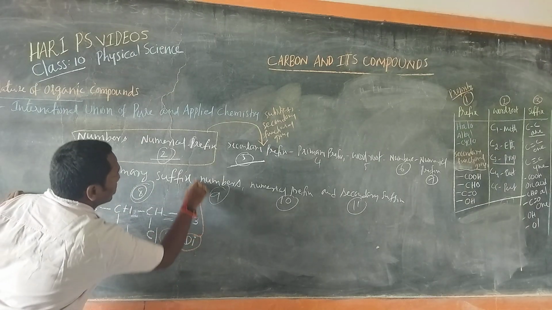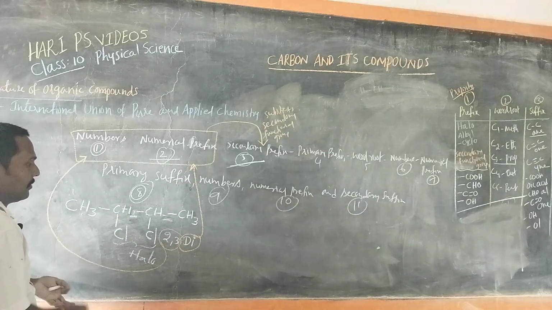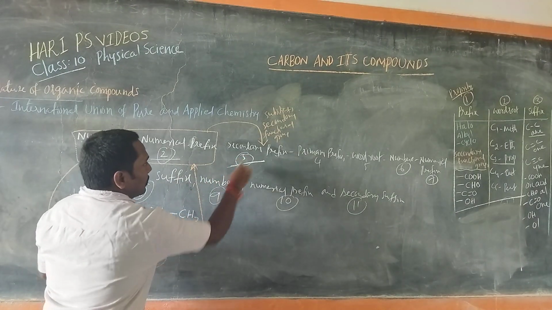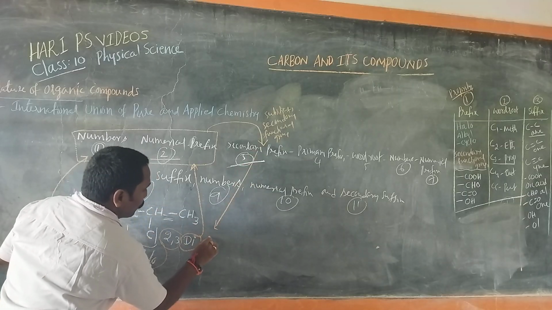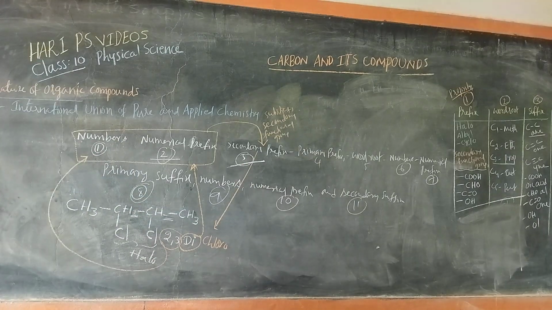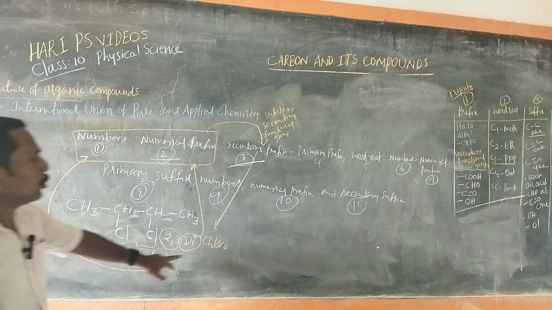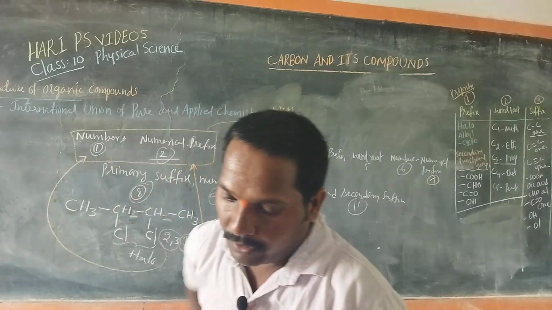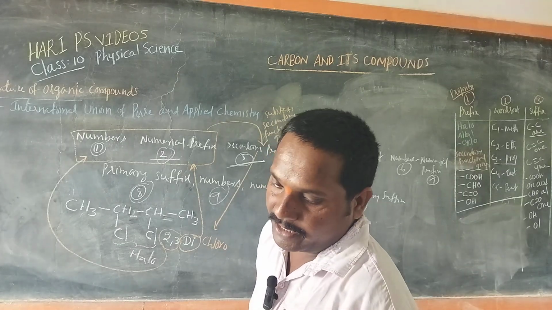This di is the numerical prefix. What is the secondary prefix here? Chloro. That is the meaning. Right. Next.